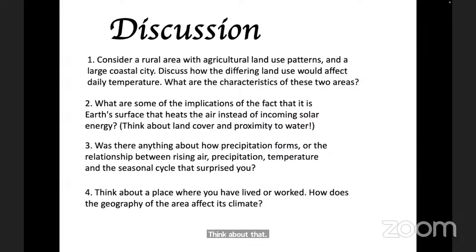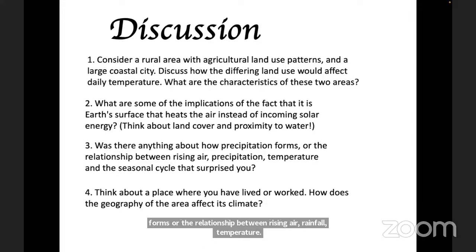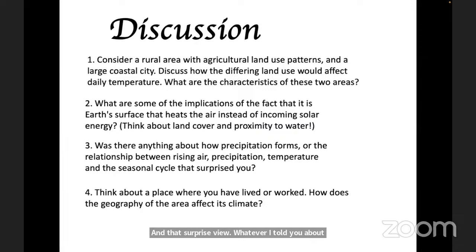Was there anything about how precipitation forms, or the relationship between rising air, rainfall, and temperature, that surprised you? Whatever I told you about moisture rising and forming rainfall, that kind of thing. Were you surprised by anything? Maybe not. Maybe you can discuss among yourselves.